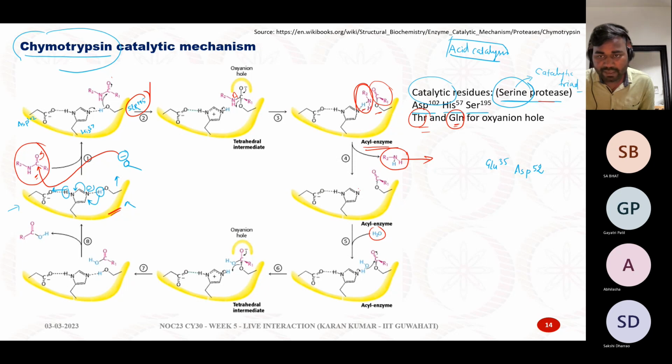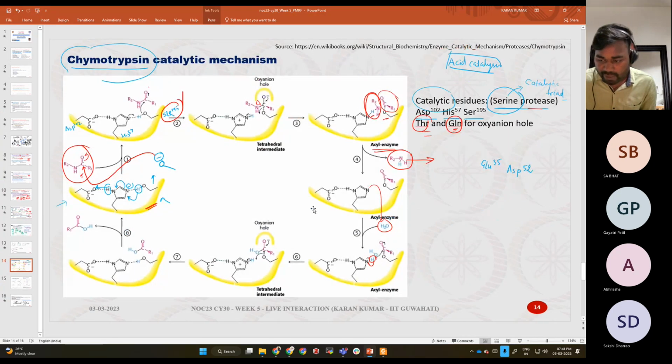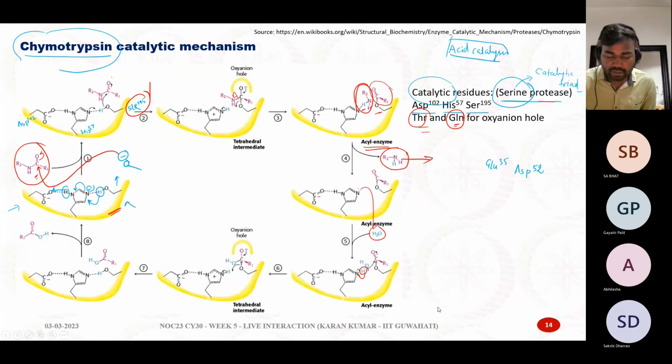This lone pair will attack the water molecule and abstract a proton from it. This phenomenon will generate a nucleophile, which is OH minus, the hydroxyl terminal OH minus, and it will attack on the acylated enzyme, and the same rearrangement will occur.